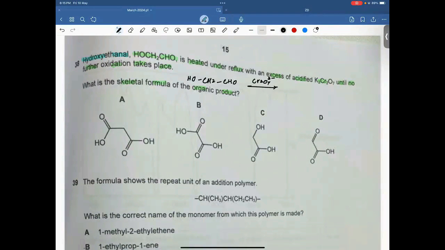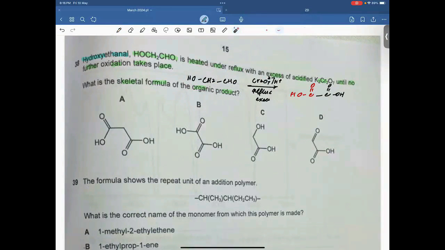In that, I've told you that whenever potassium dichromate(VI) in acidified condition is used under reflux condition with excess amount, obviously this aldehyde is going to be converted into carboxylic acid, and this primary alcohol will turn to carboxylic acid again. So that is the final product of this reaction.